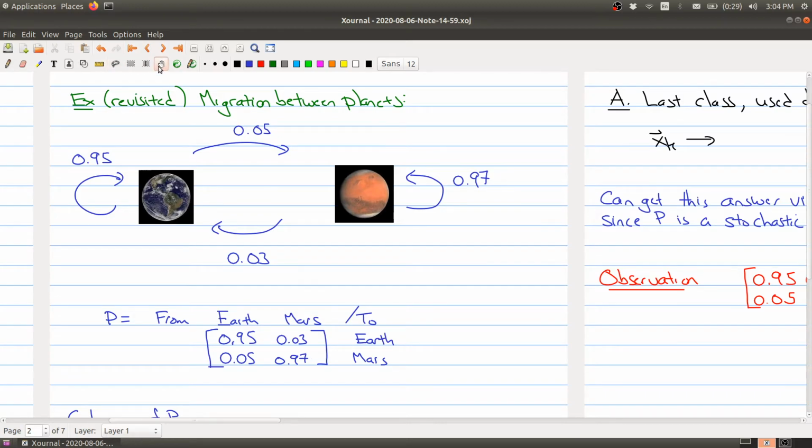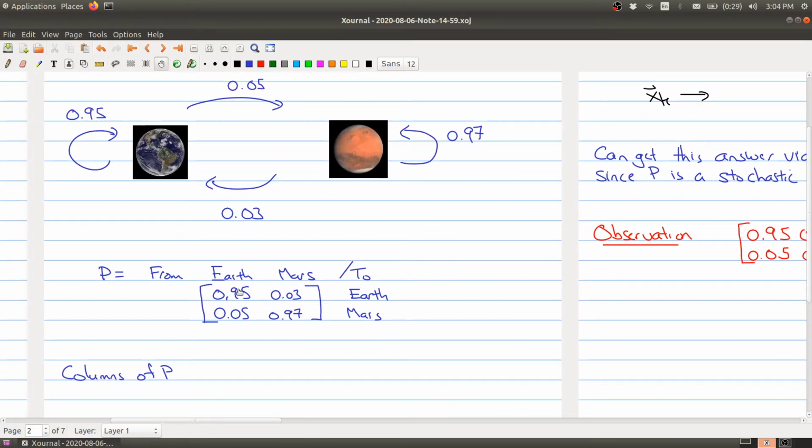Now if you look at the columns of this matrix, each of the columns sums to 1. So the columns of P are probability vectors, and that implies that the matrix P we looked at last time was actually a stochastic matrix.